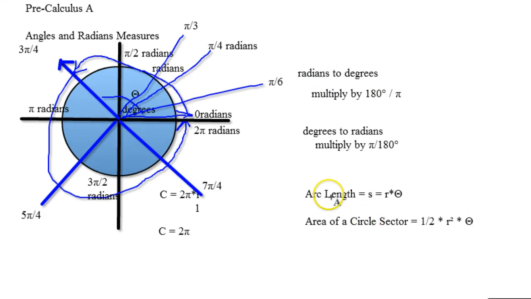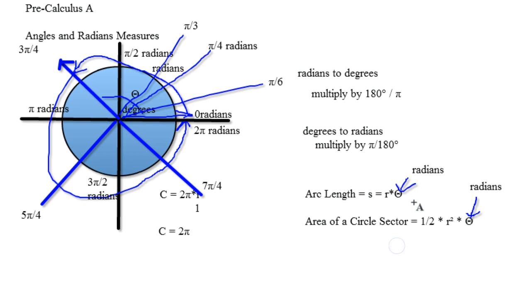Alright, so back to talking about angles and radian measurements. Now that does change a little bit about how we work, because now we have a proper measurement for arc length and area of a circle sector. You've already learned these formulas in geometry, but please understand that in mathematics, trigonometry, and pre-calculus, you are using radians from now on.